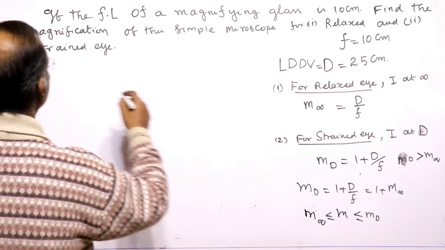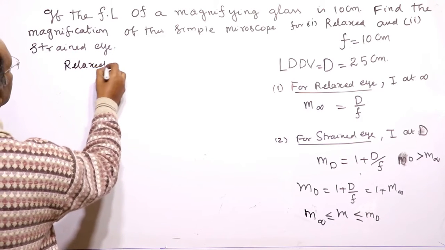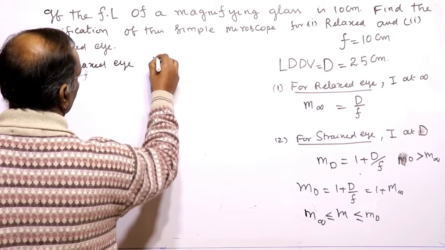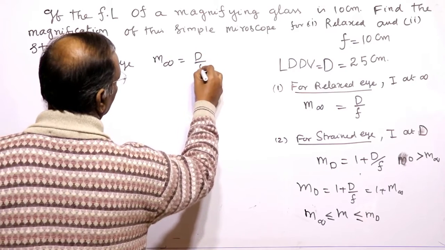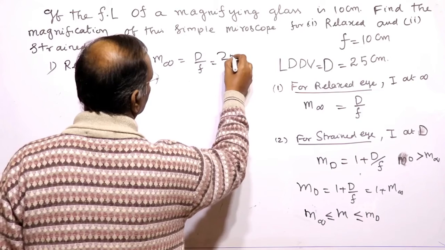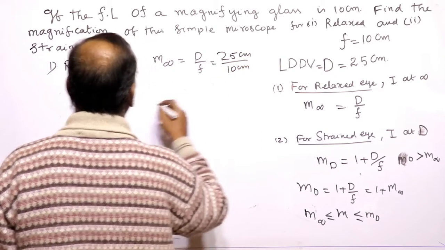So first case is relaxed eye. For relaxed eye, magnification is equal to d by f, where d is equal to 25 centimeter divided by focal length 5 centimeter.